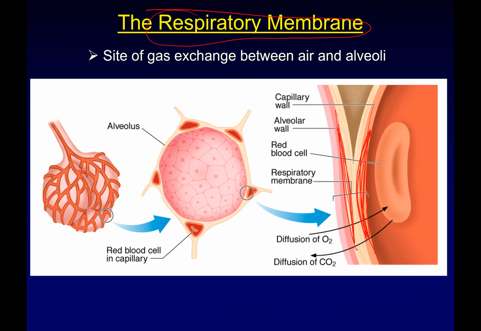That two-cell layer, the outside layer of the capillaries and the outside layer of the alveoli, where they meet, that's called the respiratory membrane. And it's going to be across the respiratory membrane that, in general, we've got carbon dioxide here in the blood. It's going to move in. We've got O2 here in the lungs, and it's going to move primarily onto the hemoglobin there. Okay, so that's the respiratory membrane. It's the site of gas exchange.